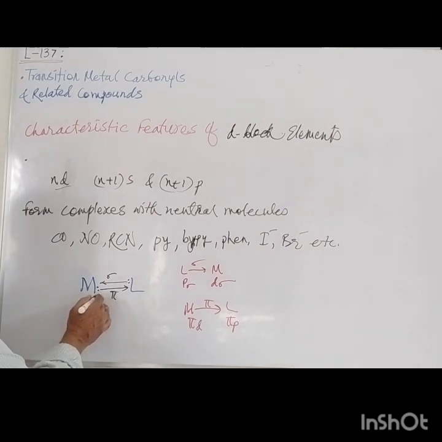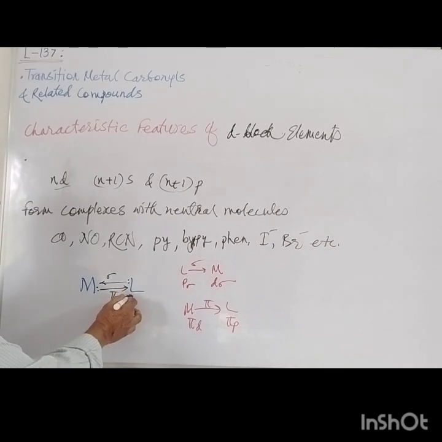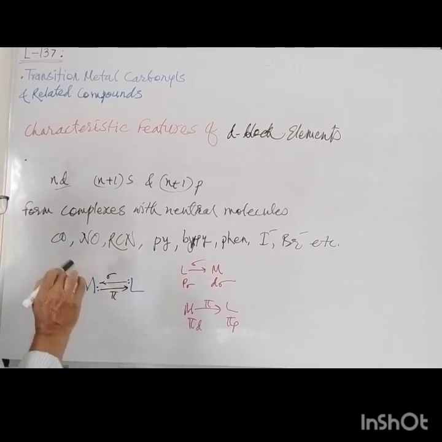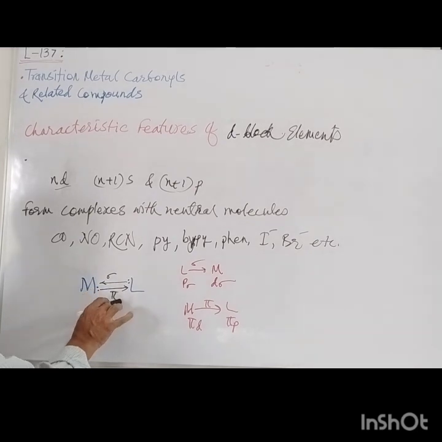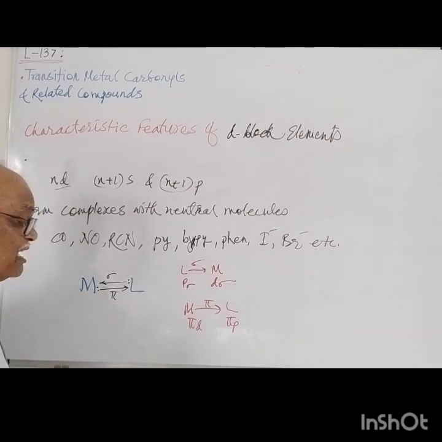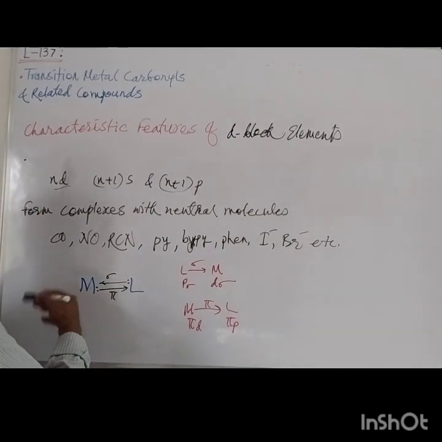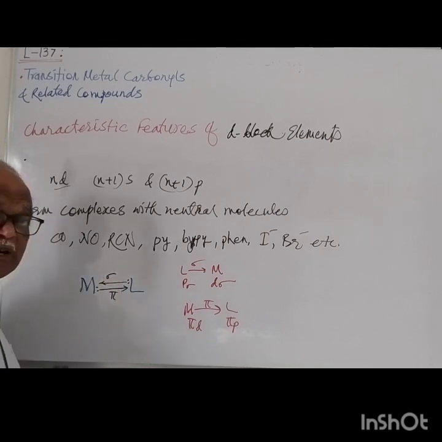For this purpose, the filled d orbitals of pi nature of the metal ion overlap with the vacant p orbitals of pi nature of the ligand and give the pi bonding. So formation of the sigma bond favors the formation of the pi bond, and formation of the pi bond strengthens back this sigma bond.